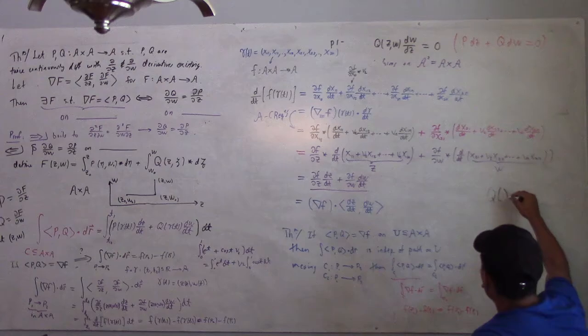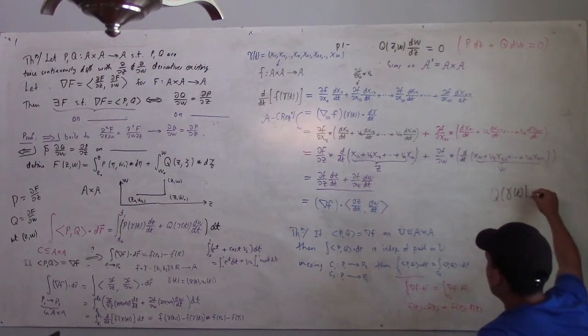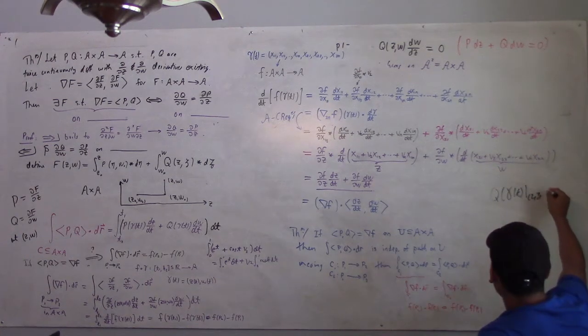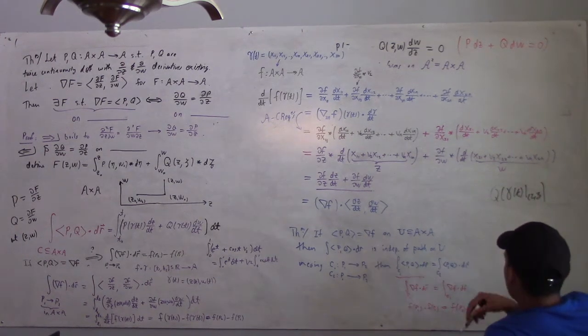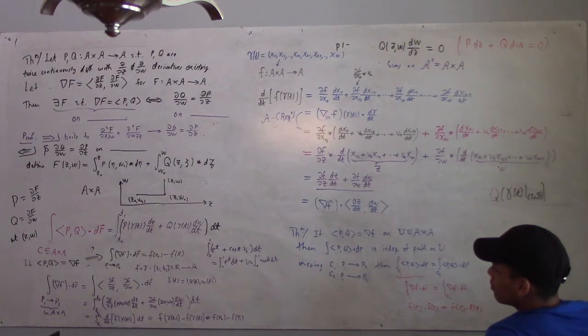Q is some gamma of t. Why are you writing, oh, at z again?